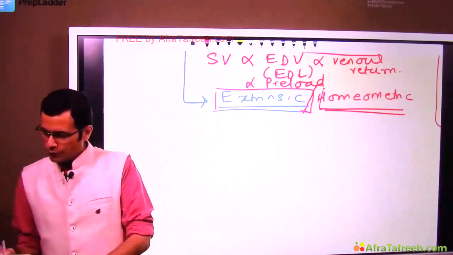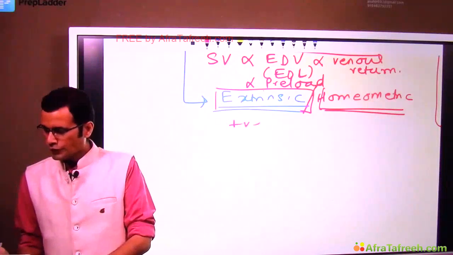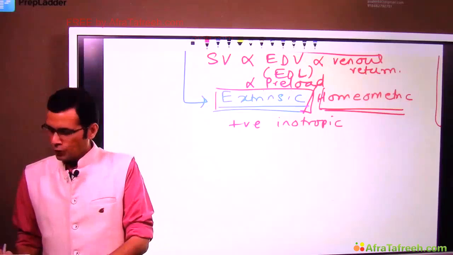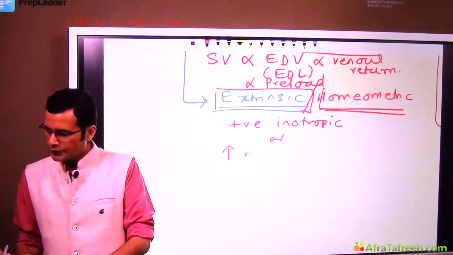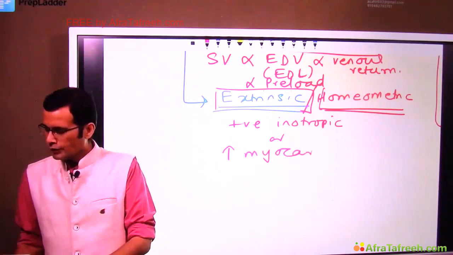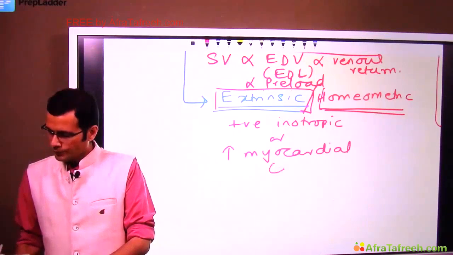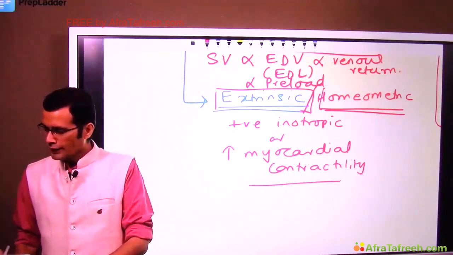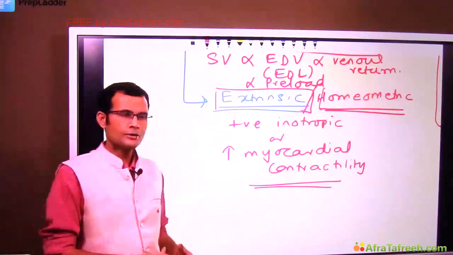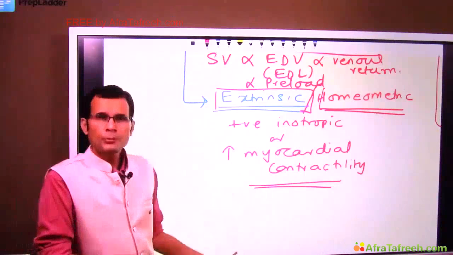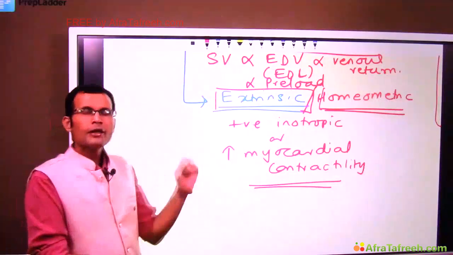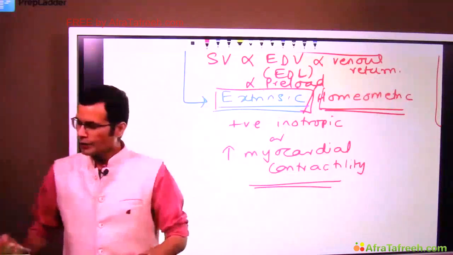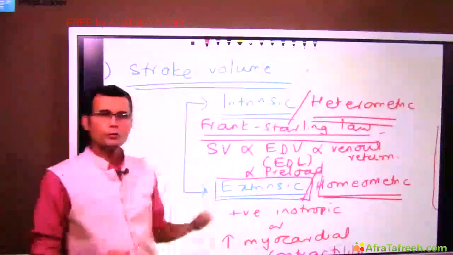So here we talk about the positive inotropic effect, also called increased myocardial contractility. I need you to understand this terminology: when you say contractility, essentially we are not talking about the Frank-Starling law.